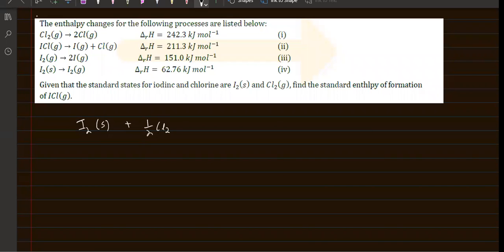Now this also will be half I2. Will give me ICl. Yes or no? Right? Tell me. So delta H formation you have to find.